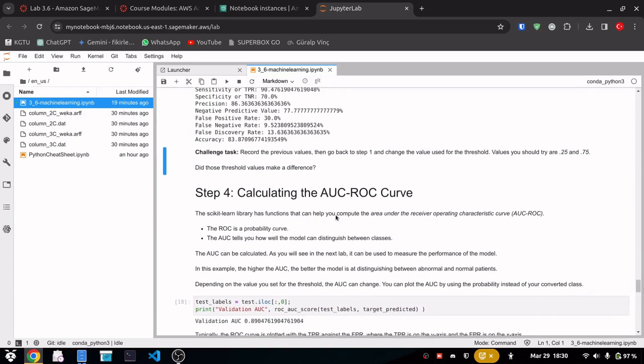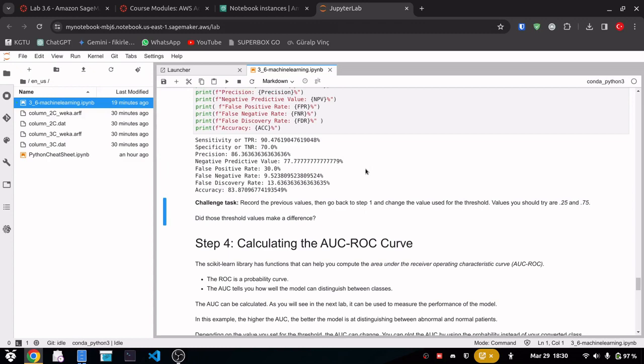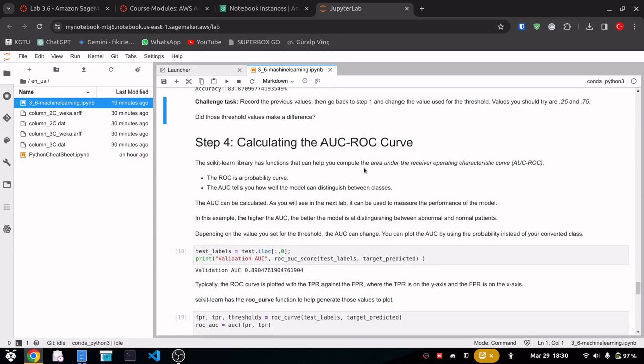Well, I won't do it now, but it will make a difference because the threshold affects the predictions of our model.